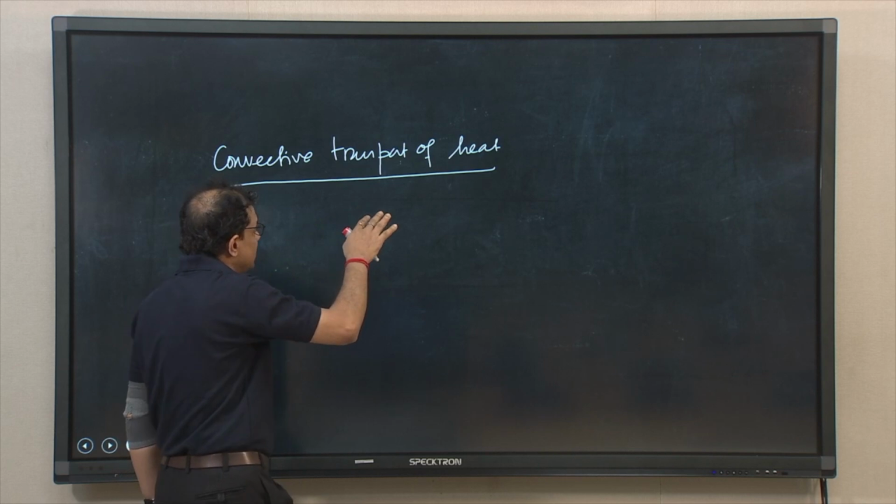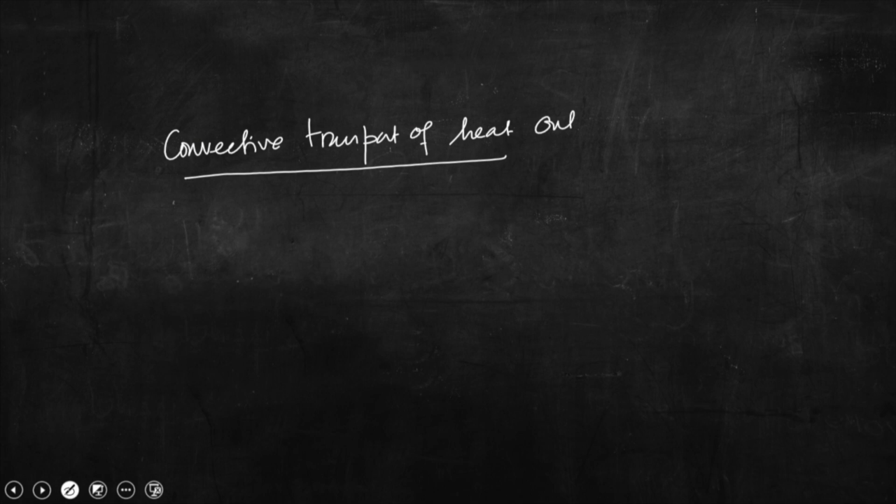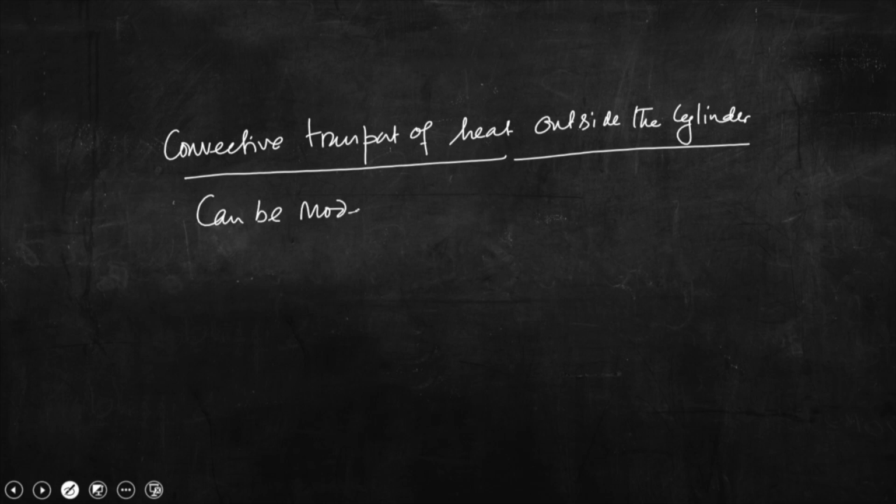Similarly, convective transport of heat outside the cylinder can be modeled using normal internal flow convection, and from there we can also define Reynolds number and Nusselt number. So, convective transport of heat outside the cylinder can be modeled by conventional methods of forced convection.